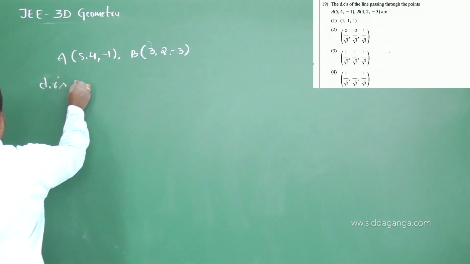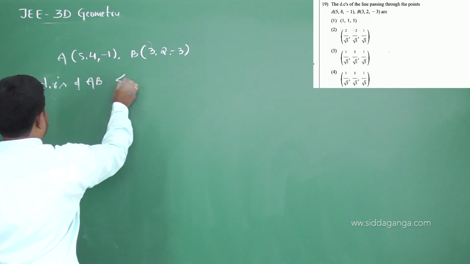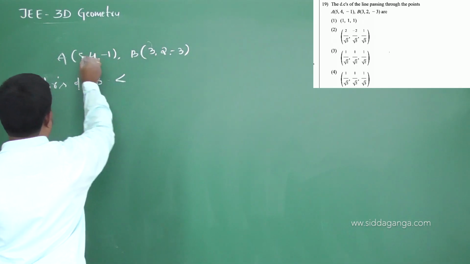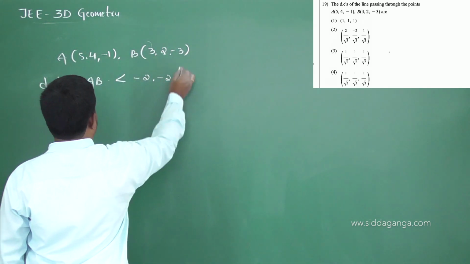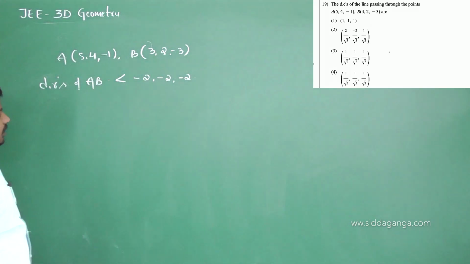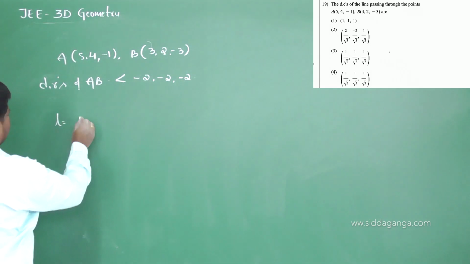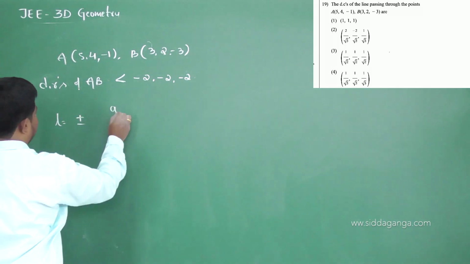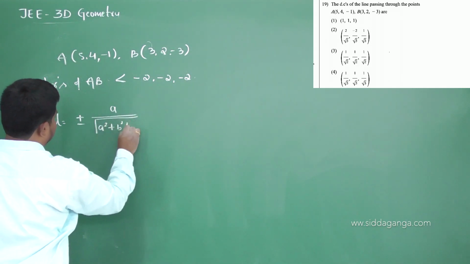So the direction ratios of AB are given by x2 minus x1: 3 minus 5 is minus 2, 2 minus 4 is minus 2, minus 3 minus minus 1, again minus 2, right? And hence the direction cosine L is equal to plus or minus A divided by root of A square plus B square plus C square.